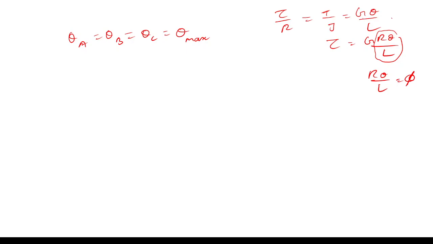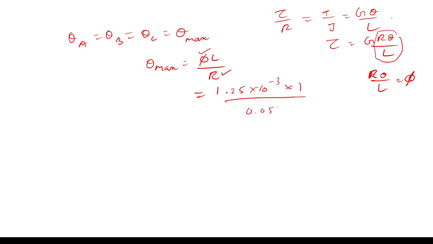So I have to write theta max equals phi into L divided by R. So phi I should take corresponding to this capital R. So it should be 1.25 into 10 to the power of minus 3 into length 1 meter divided by R. R is 0.05. So the final answer would be 0.025 radians.